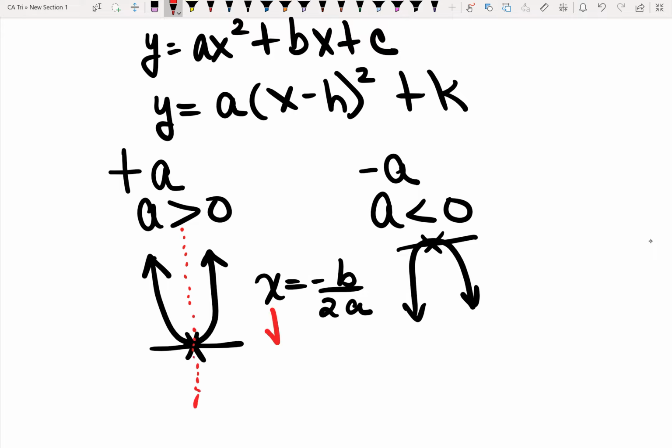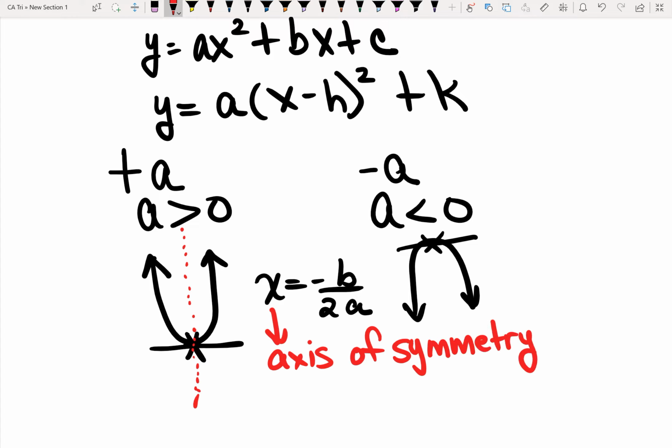This is the x value for the axis of symmetry. In other words, it splits the parabola exactly in half.